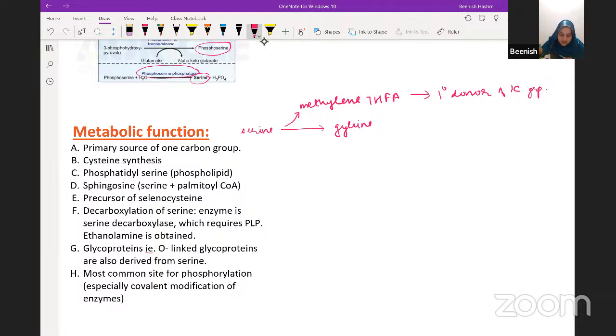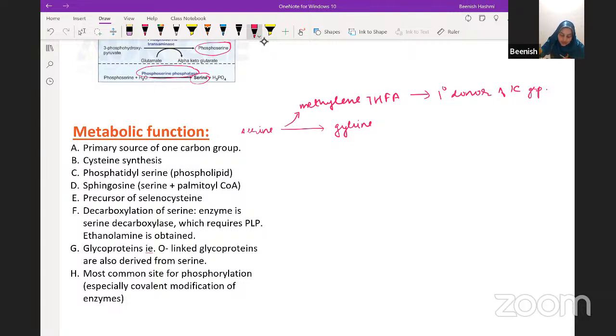Then cysteine synthesis, and phosphatidylserine, which is a phospholipid, is also formed from serine. Sphingosine is derived from serine by combining serine with palmitoyl-CoA. It is also a precursor of selenocysteine.